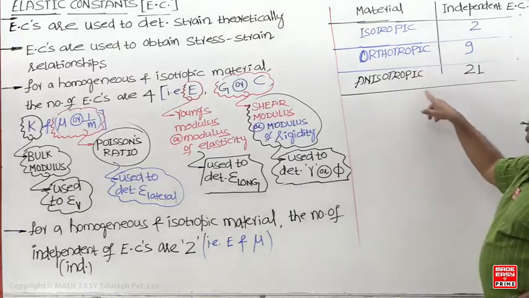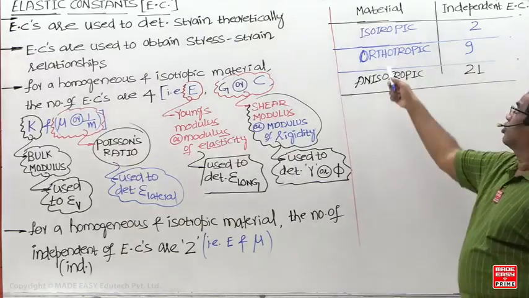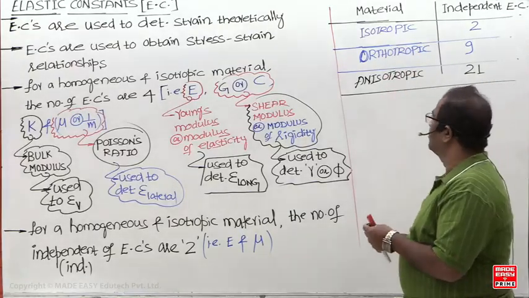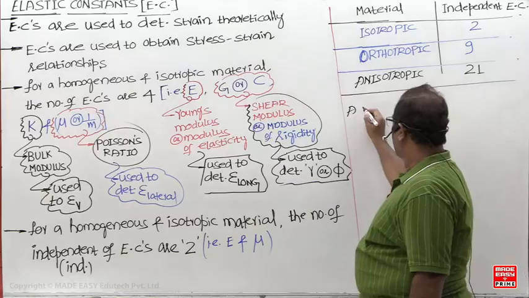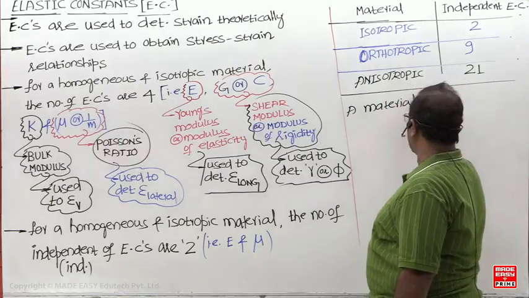Orthotropic is 9, anisotropic is 21. You have studied isotropic and anisotropic, but orthotropic you have not studied. Orthotropic is also one type of anisotropic material.